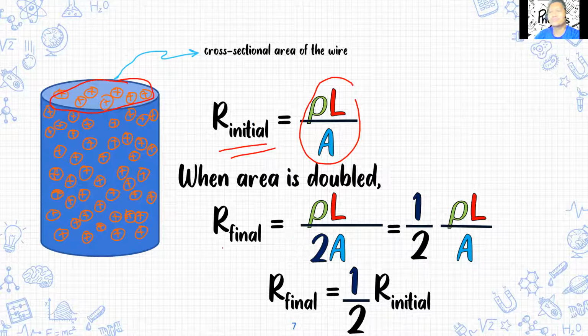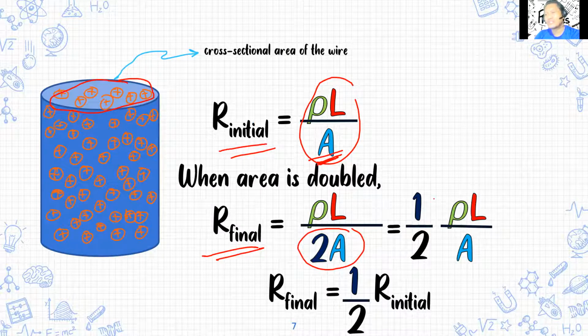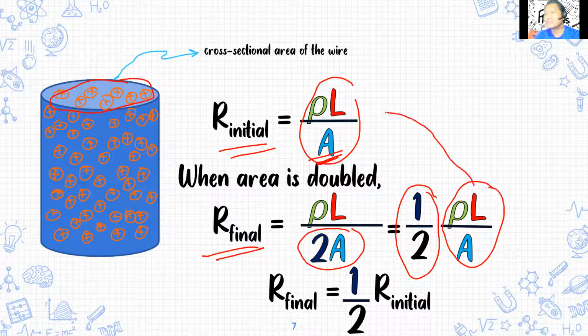So it's like this. So your new resistance, ang imong final nga resistance now, we will change A instead of just A, we'll change it to 2A because we are doubling the area. So we can extract the 1/2 here. Pareha raman na sila, equal raman. But note that this is your value for katong initial ni mga resistance.